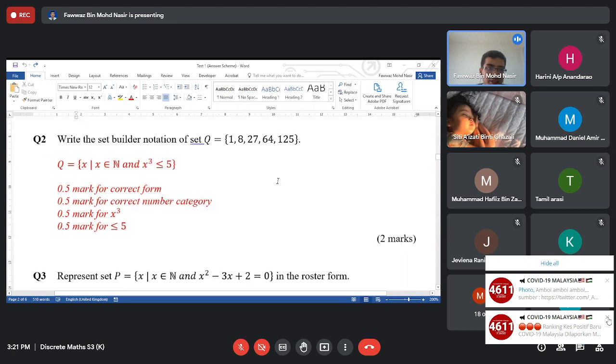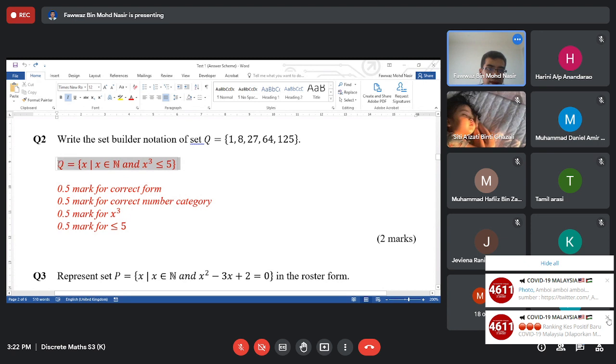Then question 2: write the set builder notation of set Q equals this set of numbers. The set builder notation form is like this. We can write it as Q equals {X such that X belongs to the set of natural numbers and X cubed is less than or equal to 5}. You get 0.5 mark for the right form.